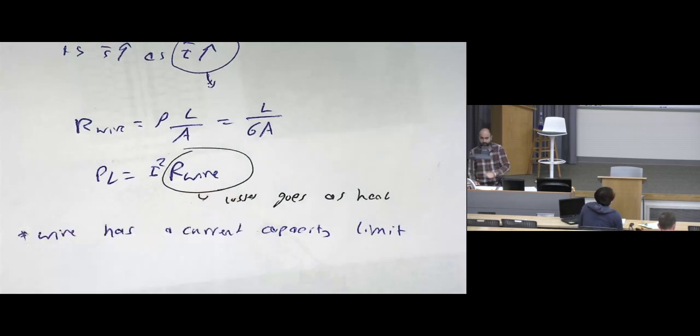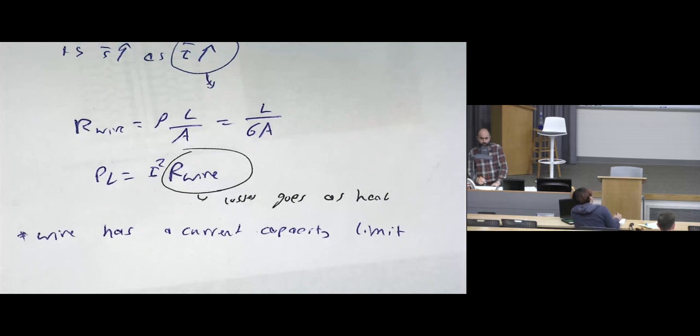Because the currents that flow will cause some heat. At a certain temperature, the wire will fail, and the wire insulation will also be affected. At a certain temperature, it will fail. It depends on how much heat we have.